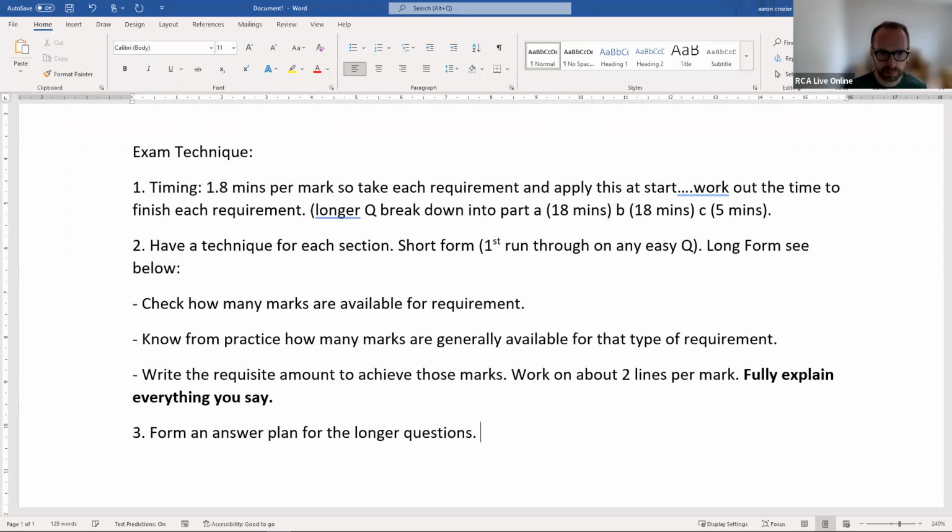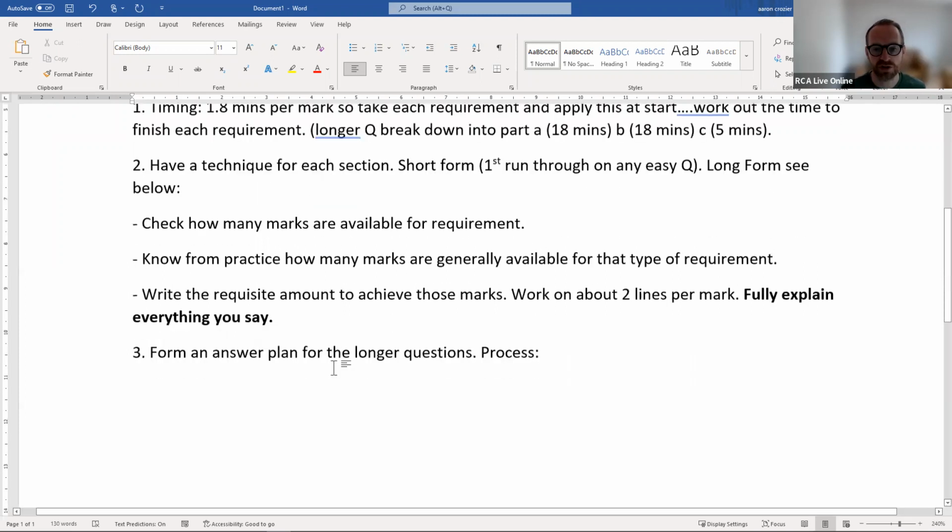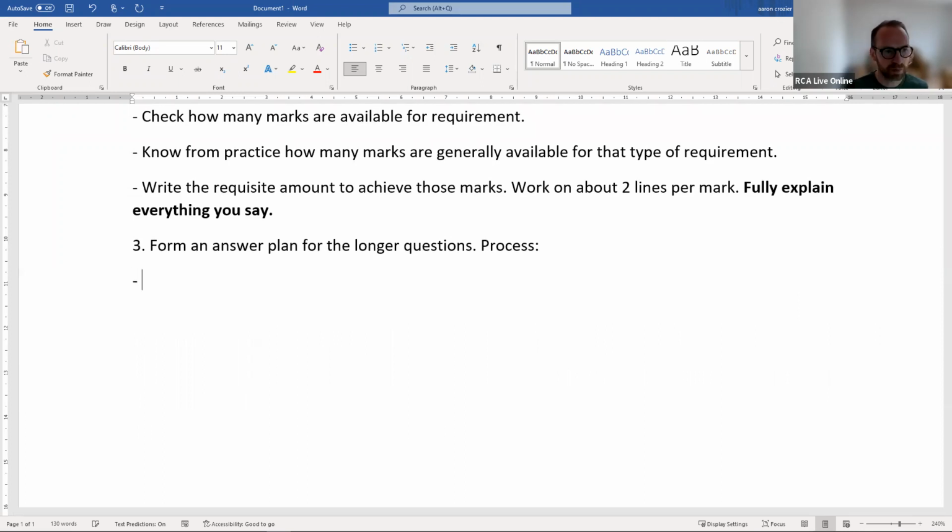So the process for this, and this is something that I want you to focus on today, is as you read through the scenario, write bullet points or headings.